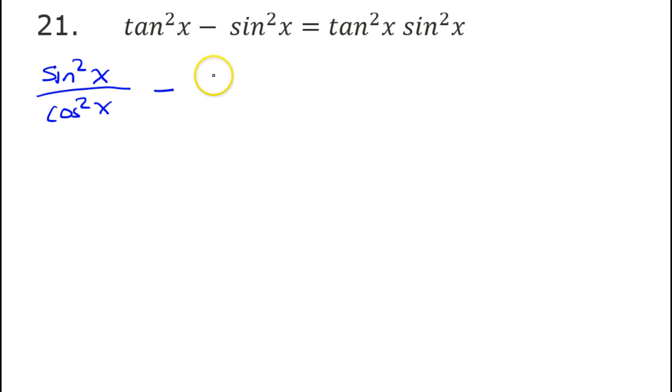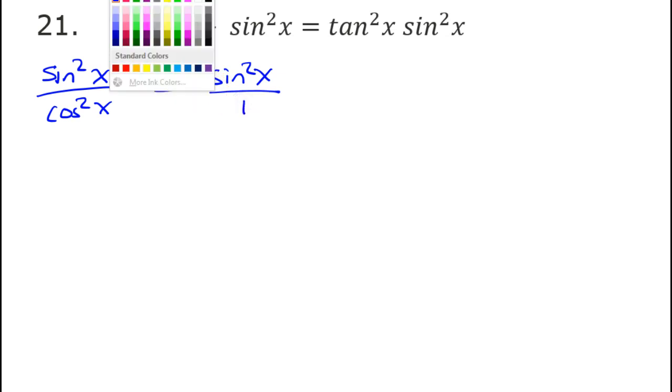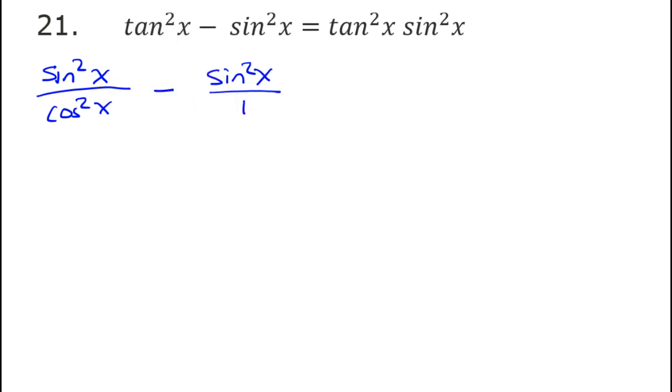So then I've got minus plain old sine squared x, right? You know, that'd be the same as like having over 1 if I really wanted to go there. I need like denominators though, so that's why I'm going to multiply by cosine squared x over cosine squared x. Alright, that will give me like denominators.